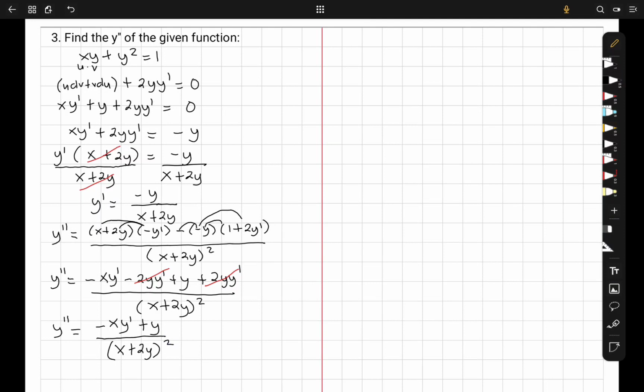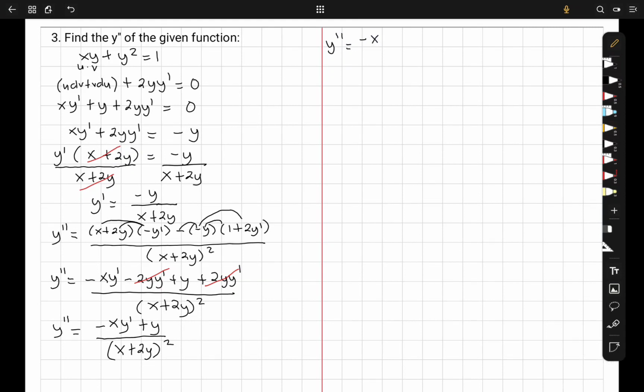Syempre, dahil meron nga tayong y prime, di ba may value tayo ng y prime? Substitute natin siya ngayon.